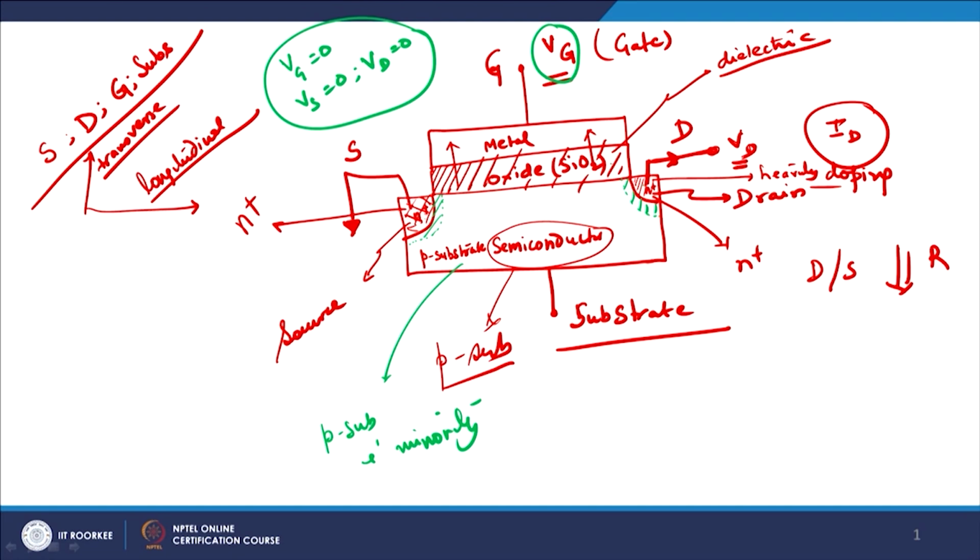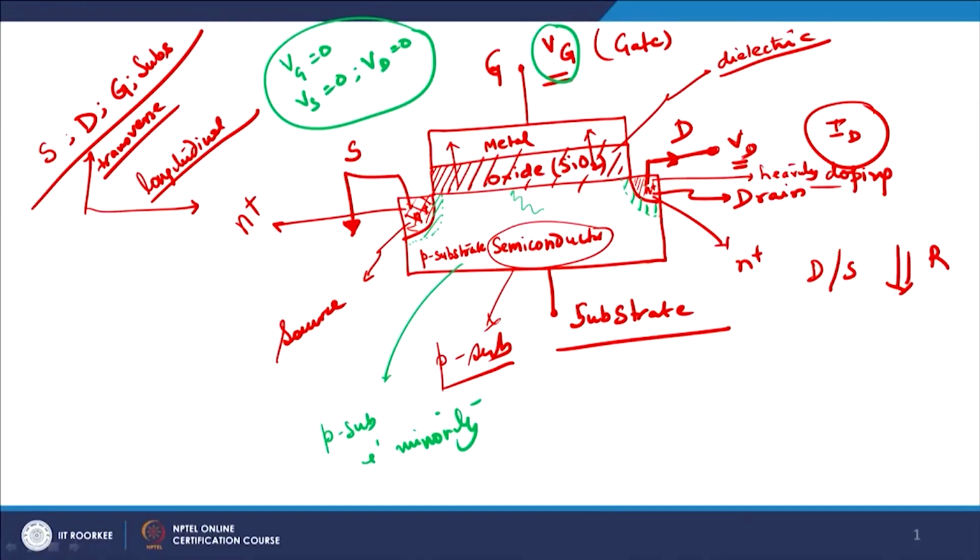If the doping concentrations are the same, you will see the depletion regions to be exactly equal. So this is the p type substrate, with a depletion region here devoid of any free charge carriers, similarly a depletion region here, and a high doping n plus region here known as drain.